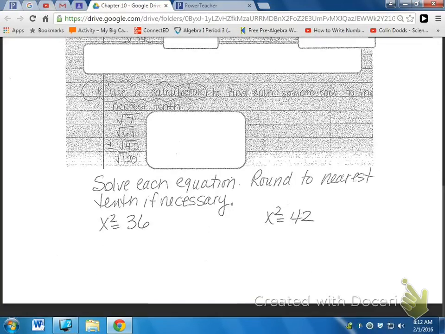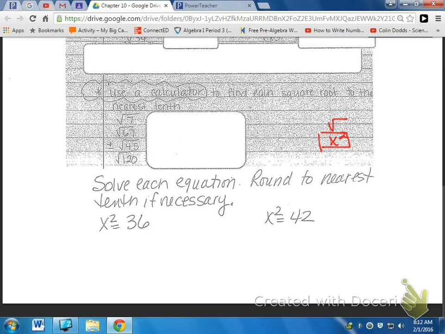Use a calculator to find each square root to the nearest tenth. So you not only have to use a calculator, you have to pay attention to the signs in front. So square root of 7, now most calculators have a button that looks like this, usually x squared here, and then right above it you see the square root sign in a different color.